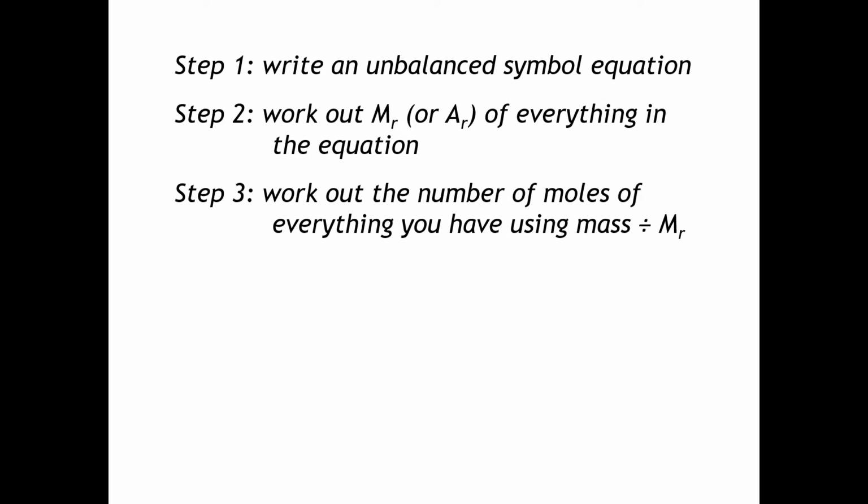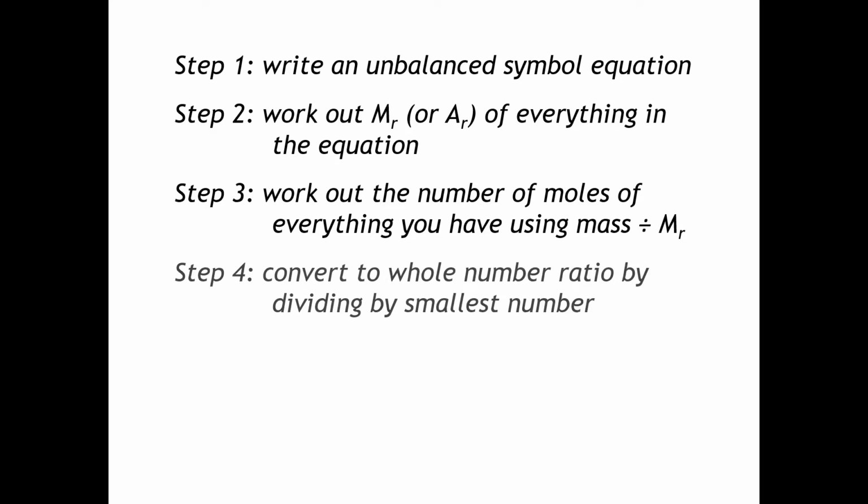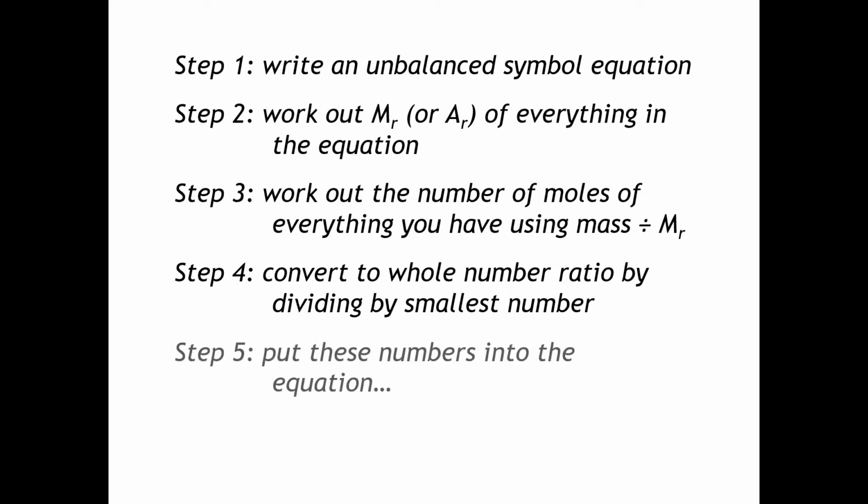Work out the number of moles of everything you have using mass divided by MR or AR. Convert to the whole number ratio by dividing by the smallest number. And then put these numbers into the equation, and that will give you the correctly balanced symbol equation. Again, if you want to write that down, please pause the video and come back when you're ready.